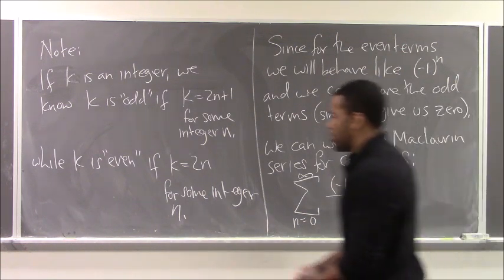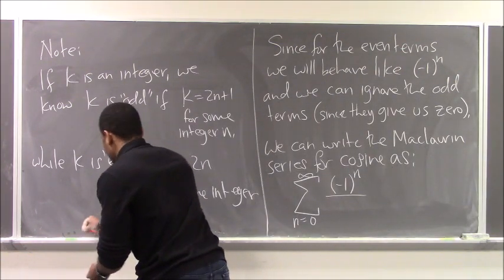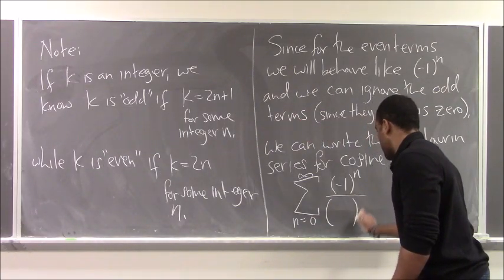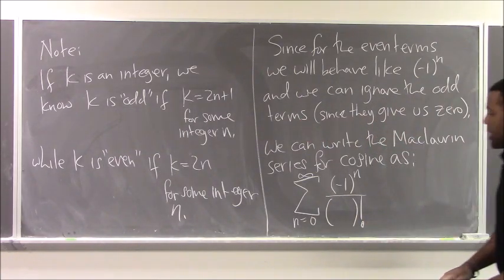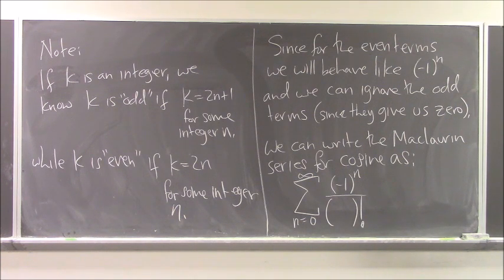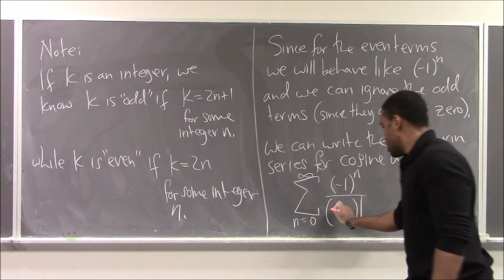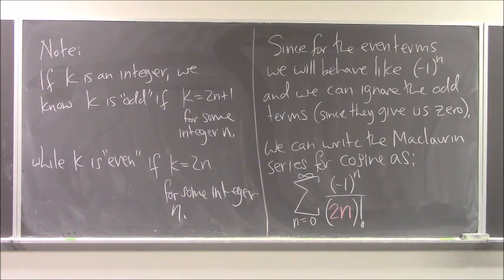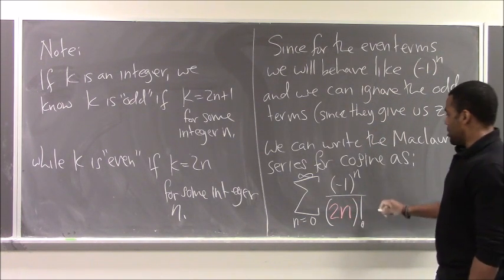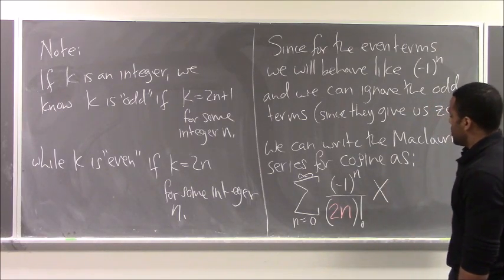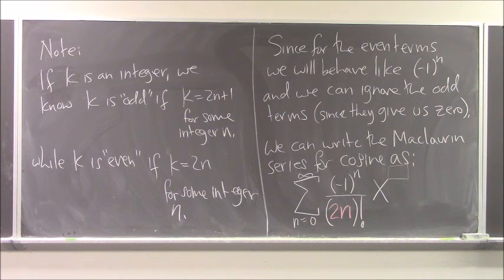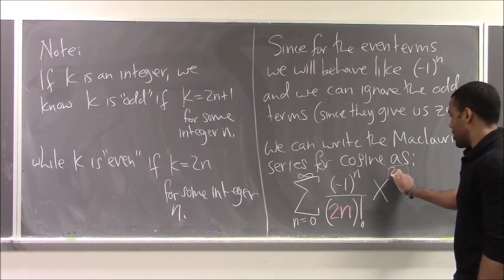Well, instead of putting n factorial in the denominator, I'm going to force it to work for the even factorials. Namely, I can put here 2n factorial instead of n factorial. And for the x to the power, I only want it to work for the even power. So to force that to work, I can put 2n.